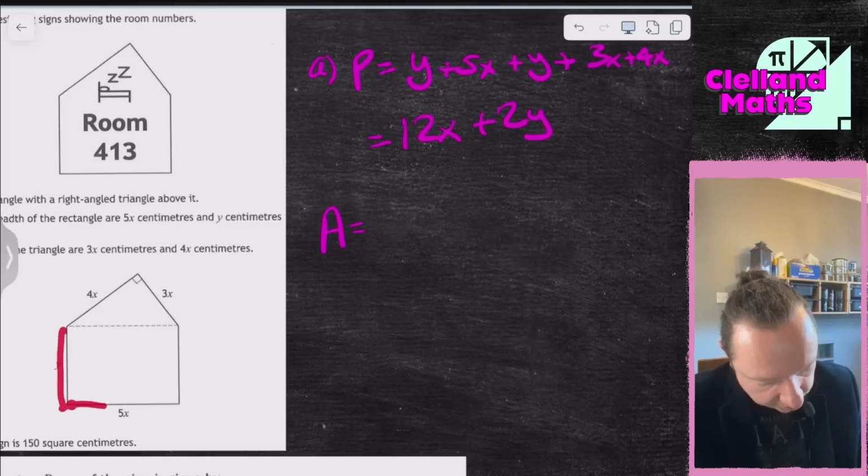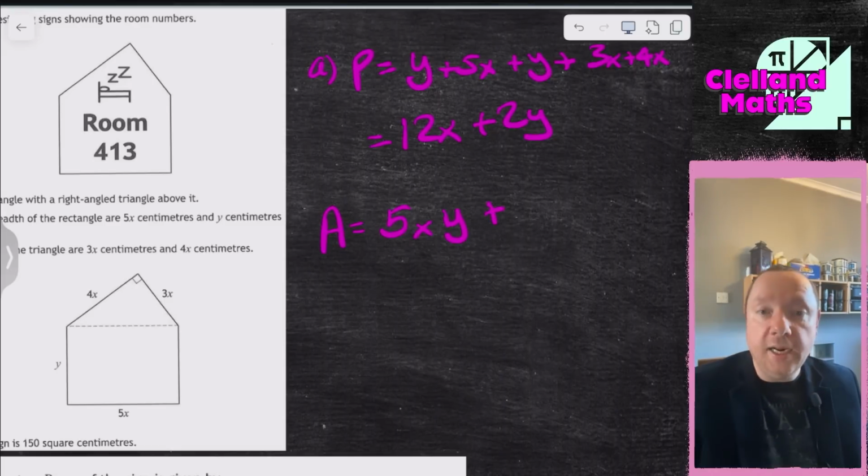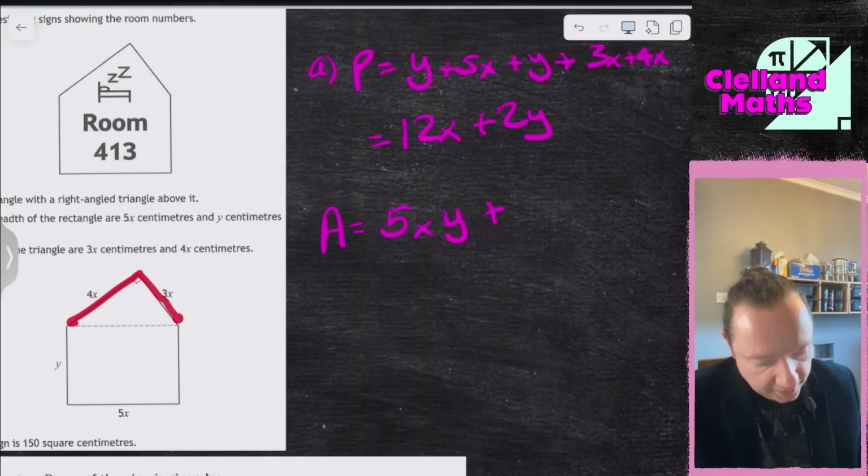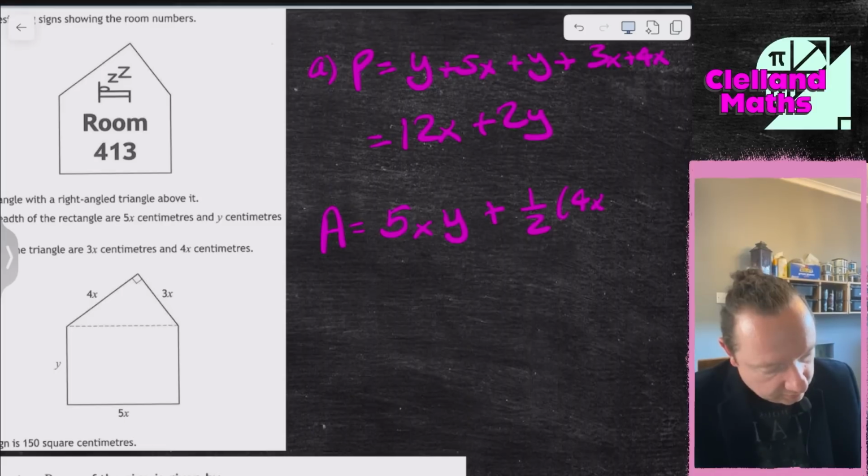So area is 150. Well, what is the area? It's base times height, 5xy, plus, now this is a right-angled triangle, so it's just half the base times the height. Half the base times the height.